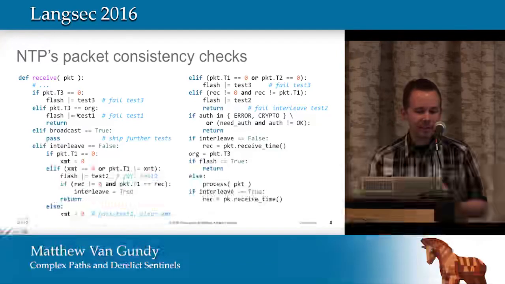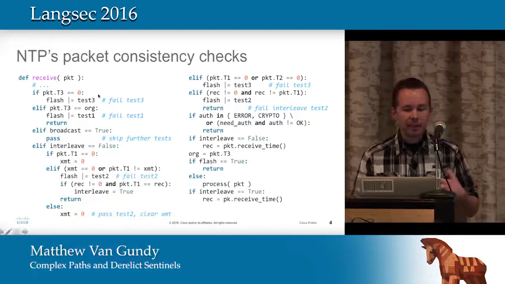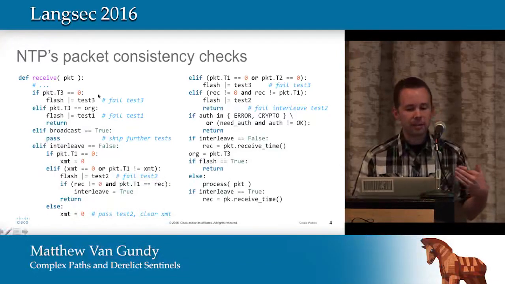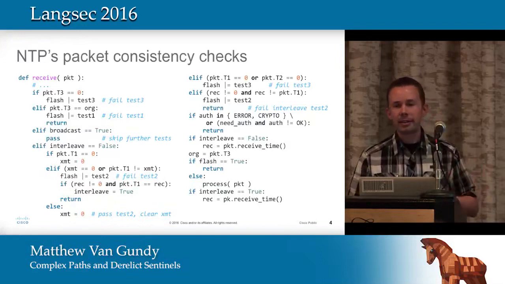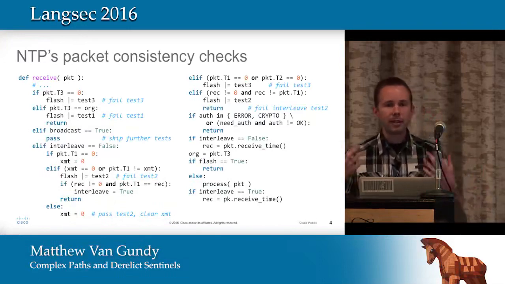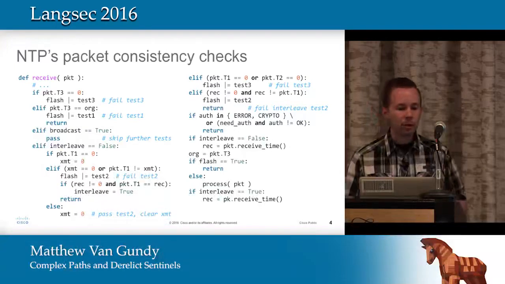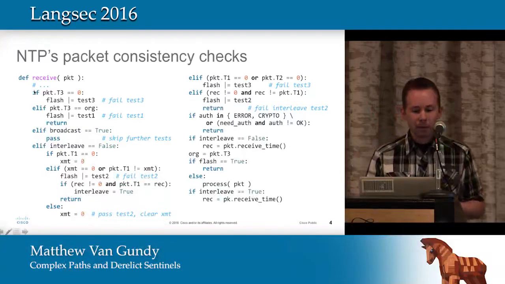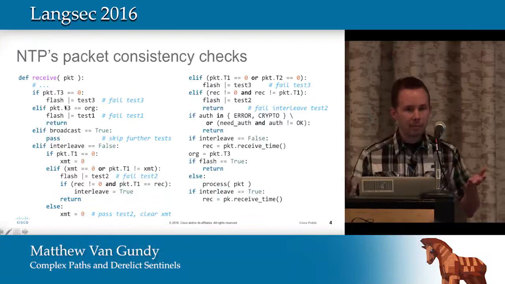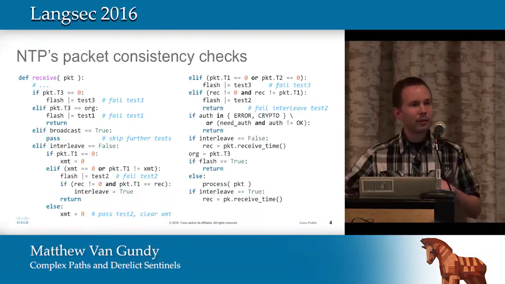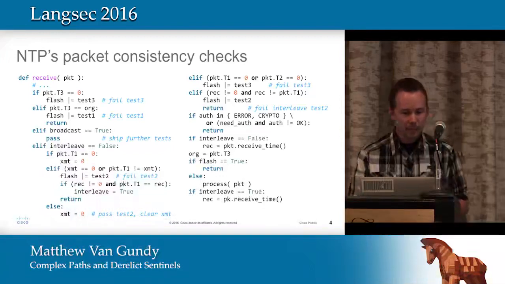So the first consistency check NTP applies is: is T3, the transmit timestamp from the server, 0? Right? This is an indication that the server is unsynchronized or has no idea what time it is, incredibly broken, at which point we should throw away the packet. So NTP marks the packet as invalid and continues on, hopefully later on throwing out the packet.